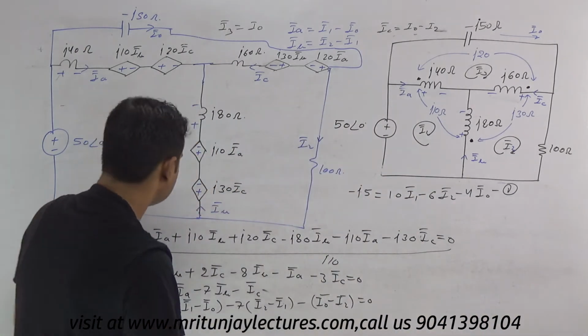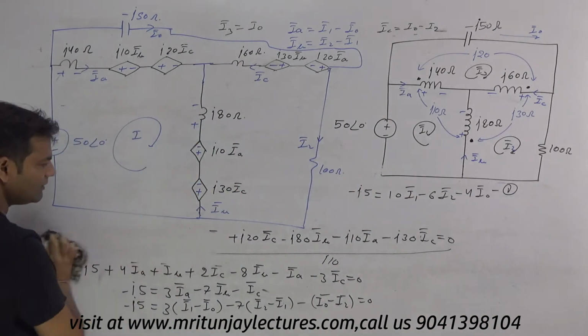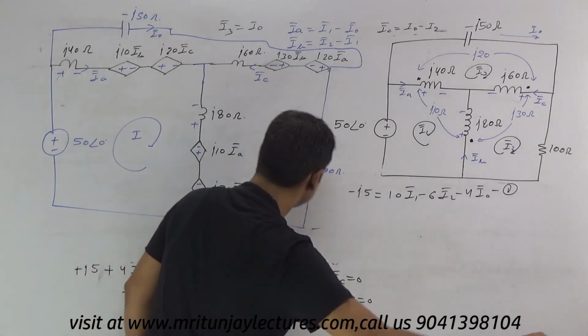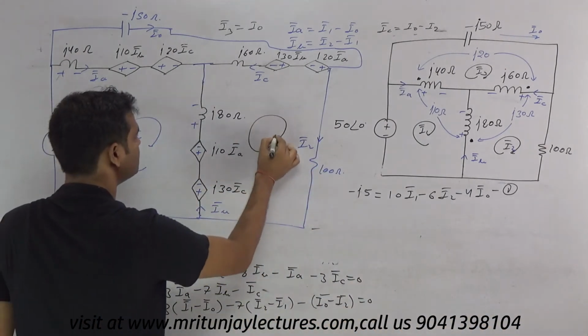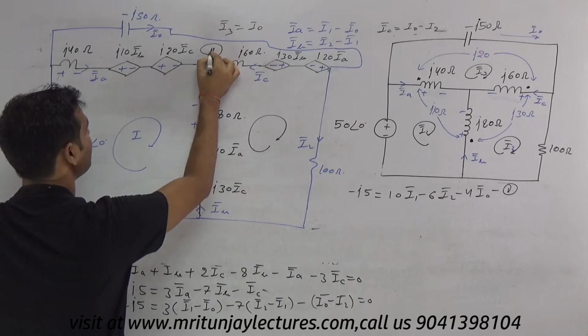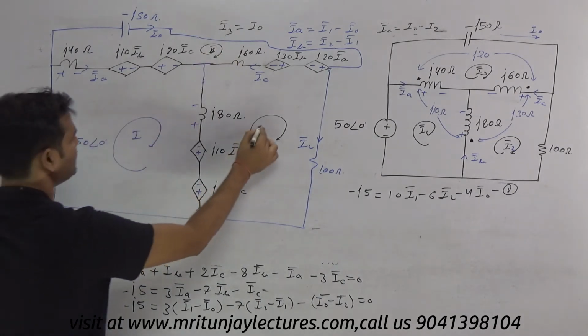Okay, now apply KVL on another loop. First apply KVL in loop 2, and this was loop 3.